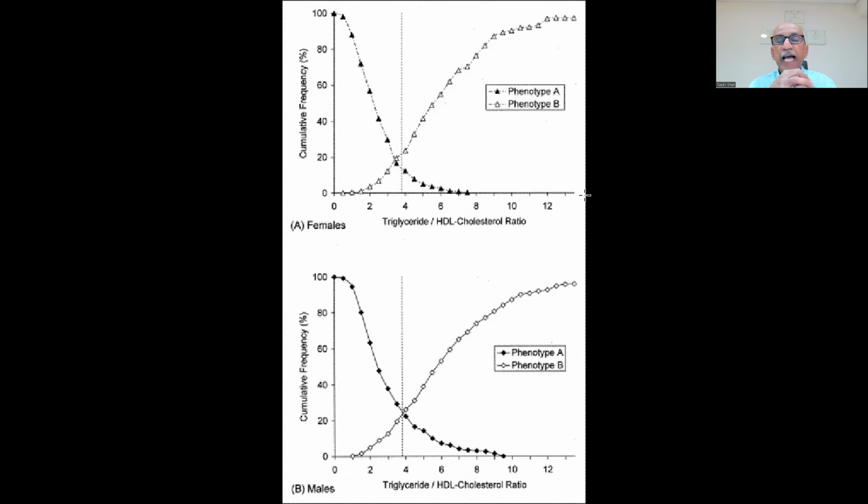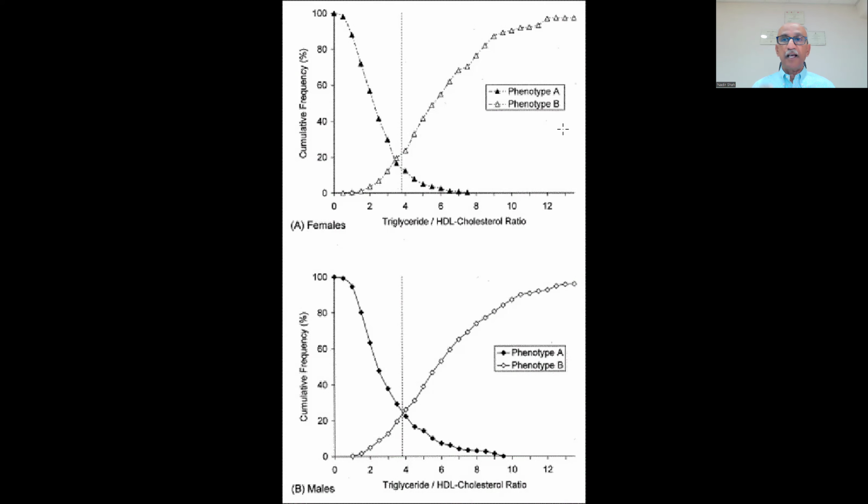Phenotype A is the desirable type, meaning particles which carry the LDL cholesterol and move through our blood system from point A to point B, to the cellular level, so that it can provide the raw material for the cell, for the functionality of all the processes in the body. So phenotype A is desirable and phenotype B is undesirable.